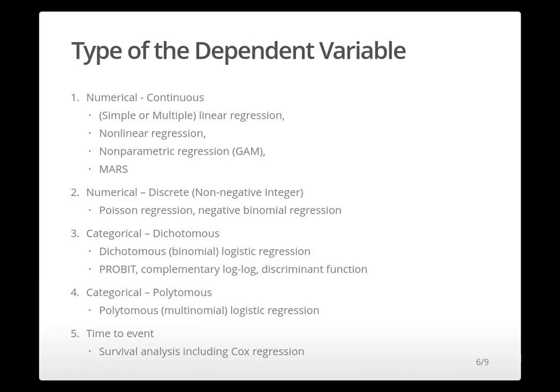This categorical variable is polytomous. Finally, although time is a continuous numerical variable, time has some special characteristics, so some methods have been developed for analyzing data on time. Different types of regression analysis have been developed for dependent variables of different formats. Linear regression is for a numerical continuous dependent variable, and logistic regression is for a categorical dependent variable.